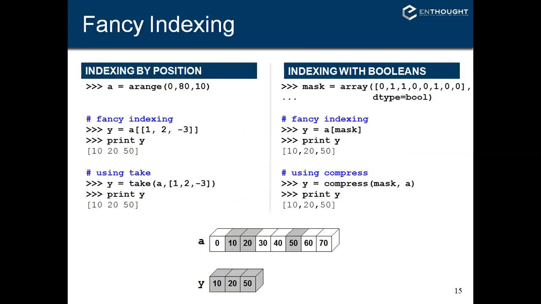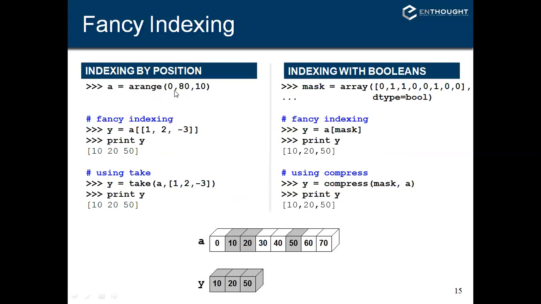Now, fancy indexing, how can this be done, right? Indexing by position, I can do that: a is equal to arange. It is arange, not a range, right?